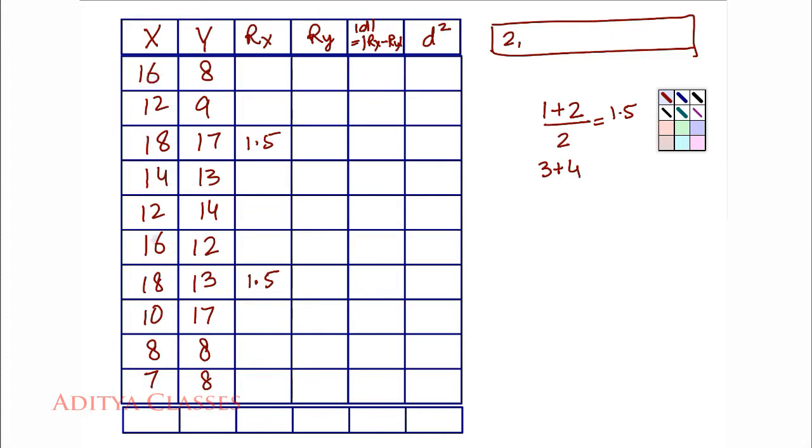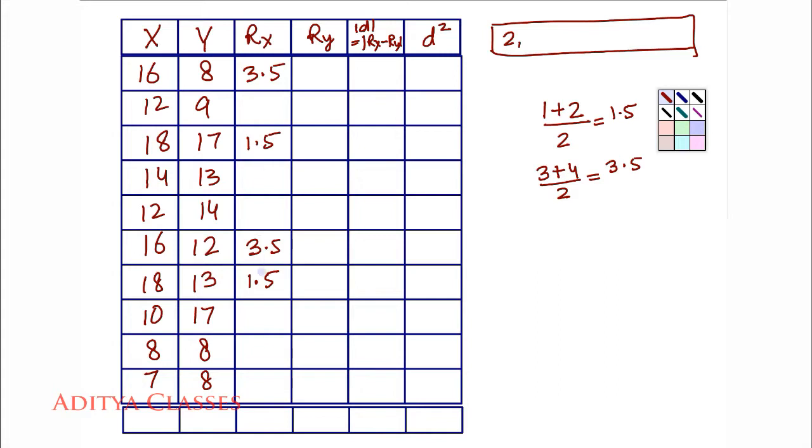One will get 3, another one will get 4, but I'll not do so. Instead, I'll award them the average of those ranks, 3 and 4. So they both get rank 3.5.